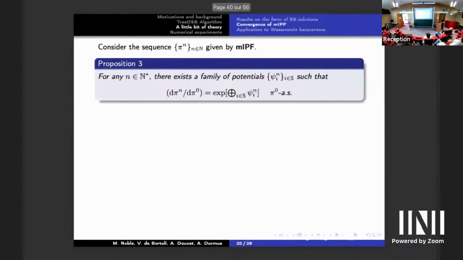Right, and so the idea is simply, once you have your full Schrödinger bridge problem, you consider successively different Schrödinger bridge problems, but with one constraint, and you iterate over your algorithm. Then you can prove that once you have your results for the whole set of constraints, you also have it for one constraint, but iteratively. And the idea is the following. You have a family of potentials for every iterate of your algorithm with respect to the reference measure.